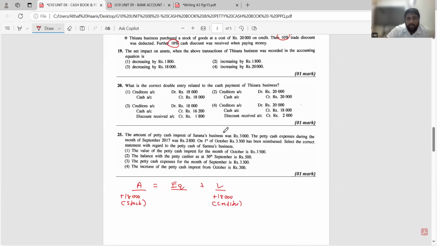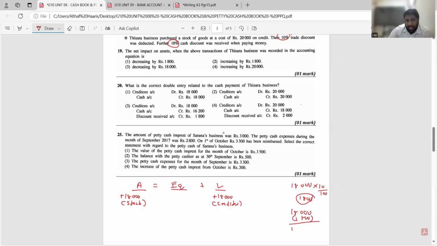So when we are going to pay this, 18,000, but he has told us, no, no, I don't want 18,000. I'll give you a 10% discount. Then we have received a 1,800 discount. Then how much is the cash payment that we have done? 18,000 minus 1,800.